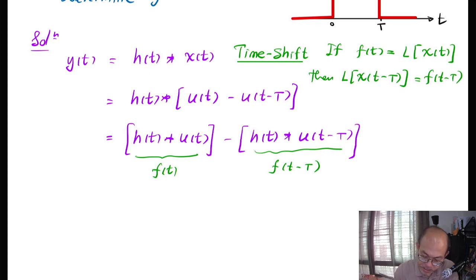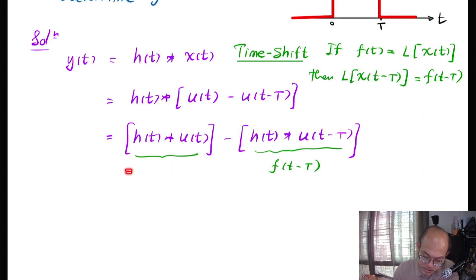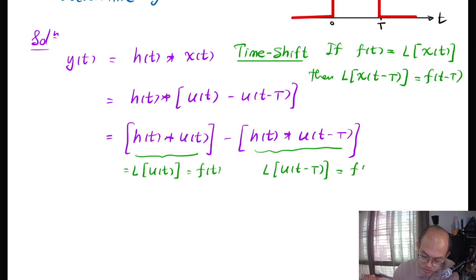And this is exactly that. This is L of u of t, and we denote it by f of t. And this is L of u of t minus capital T. So by the time shift property, this is equal to f of t minus capital T.